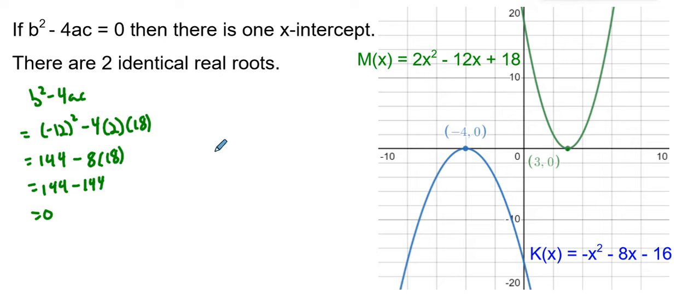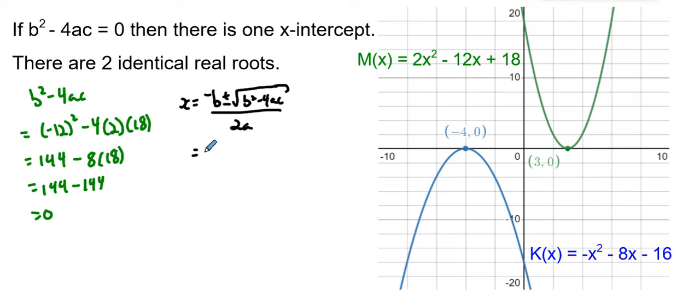So how is this actually like 2 identical real roots? Well, when we work through the quadratic formula, and if you bear with me, I'll do this really quickly for you. When we sub into the quadratic formula, we're going to end up with a plus or minus in it still. And we often can just kind of ignore the fact that there's 2 roots. But let's sub in here.